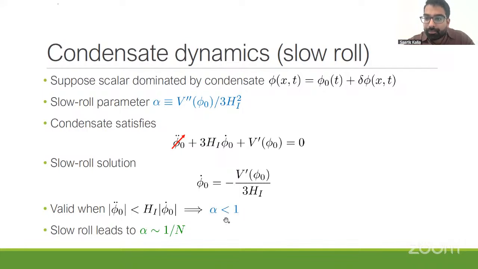That's how it became alpha less than 1. And so that's what the scenario would look like if Hubble were exactly constant. If you now want to incorporate the fact that Hubble is changing too, then the derivative can also act on the denominator here. And so you actually get another slow roll condition. It turns out that slow roll condition is precisely the usual first slow roll condition, epsilon less than 1, where epsilon is the usual epsilon.